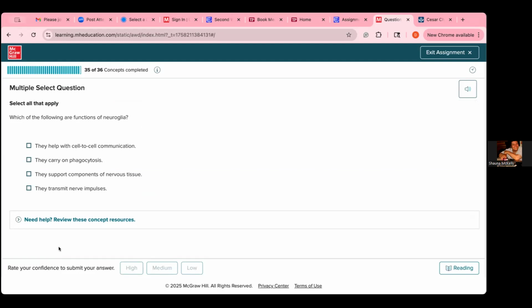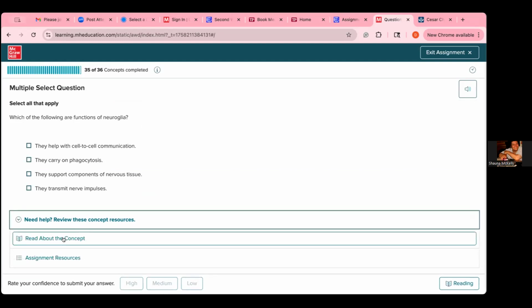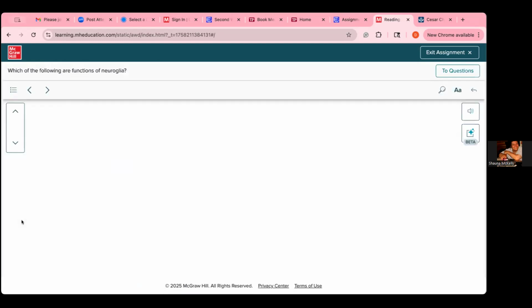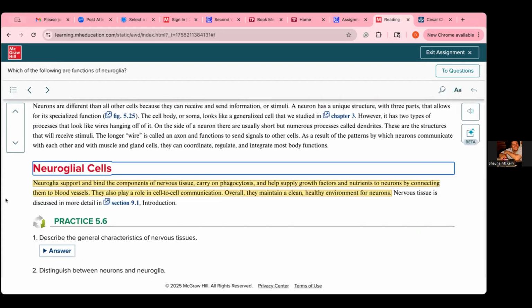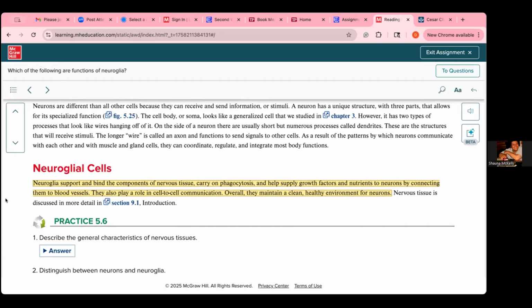Which of the following are functions of neuroglia? Okay, let's look this one up because we didn't read about neuroglia, so let's read about it. Neuroglia support and bind the components of nervous tissue. They carry on phagocytosis, and they help supply growth factors and nutrients to neurons by connecting them to blood vessels.